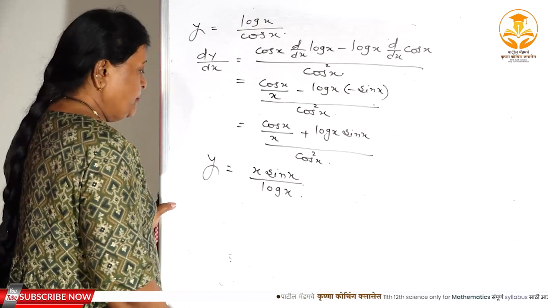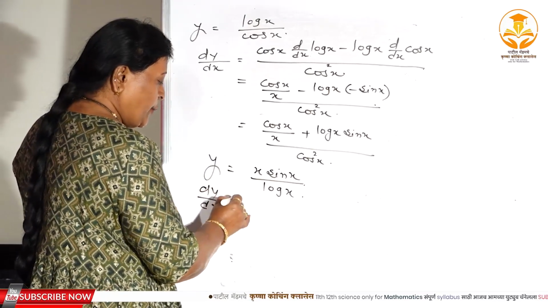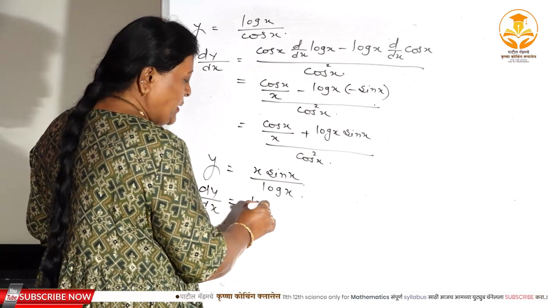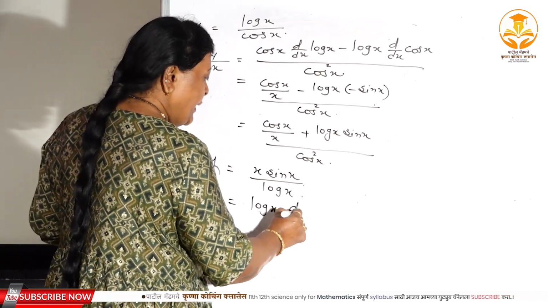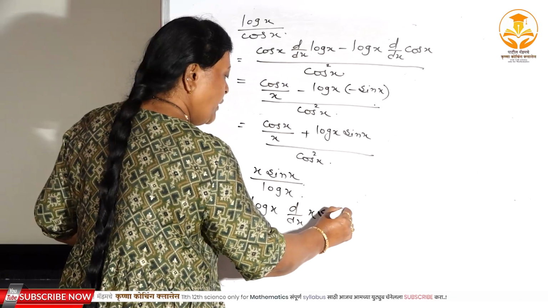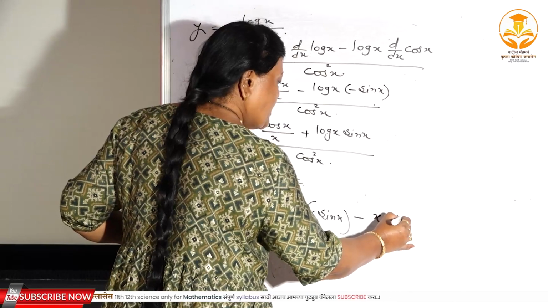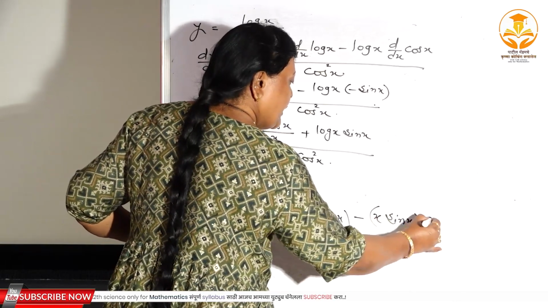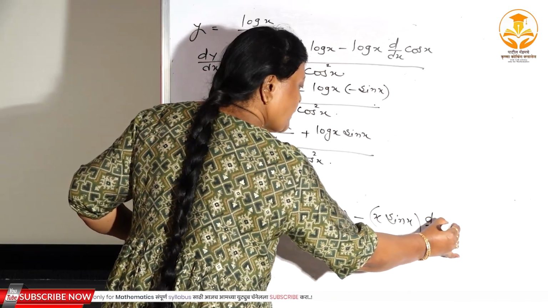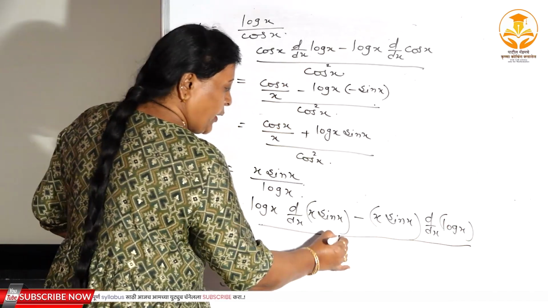See this one, right? Again, dy by dx is equal to, denominator remains as it is, d/dx of x sin x, take the derivative of the numerator, minus, numerator remains as it is, take d/dx of log x, divided by log x whole square.